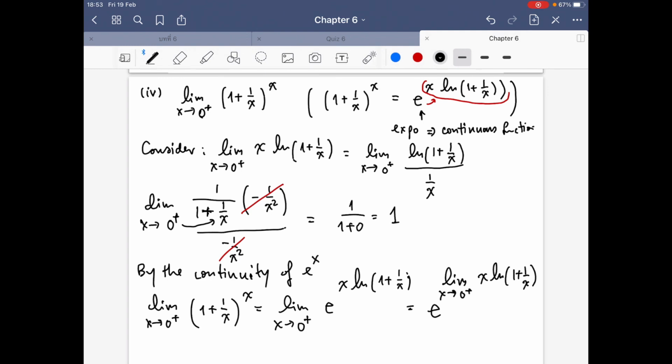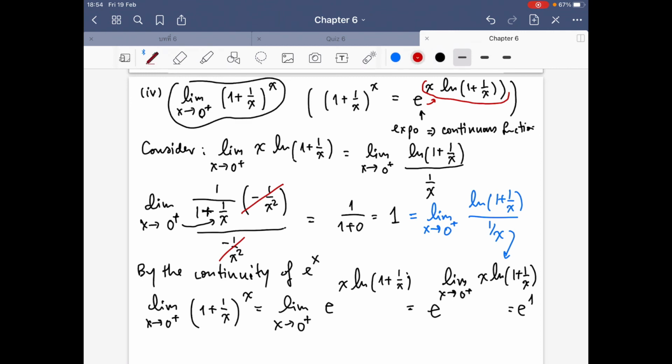Okay, and this one from L'Hopital's rule, this is the limit of this quantity, right, log of 1 plus 1 over x over 1 over x, which is this one. So it is the same as e raised to power 1, or e. Okay, so this limit actually determines the Euler number, or e raised to power 1. Okay.